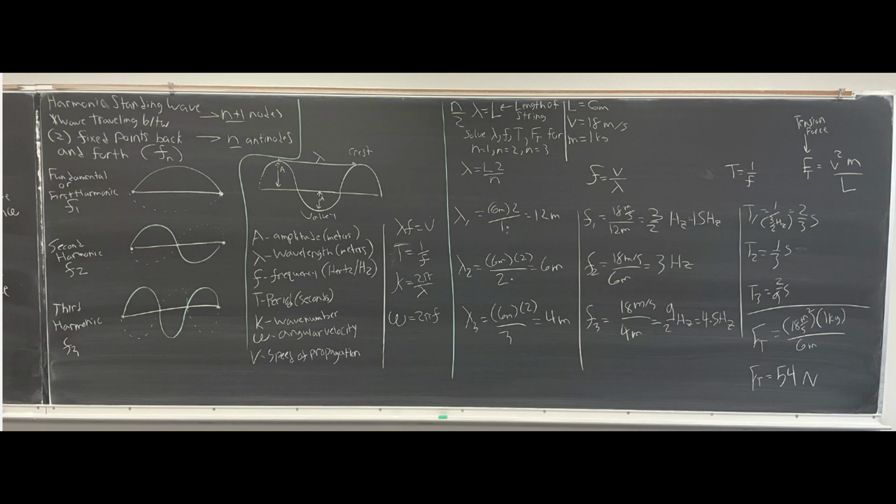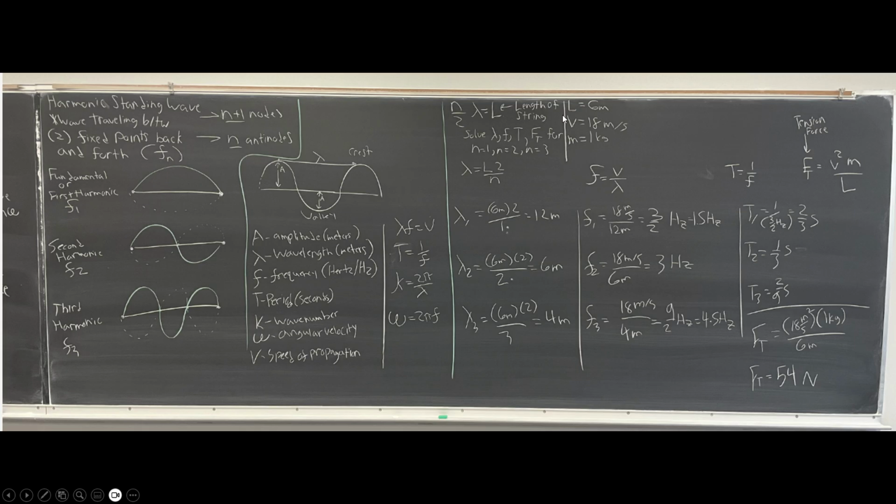Now let's say that we have the following. For harmonic standing waves, the total length between our two endpoints is equal to the wavelength times the harmonic number divided by 2.